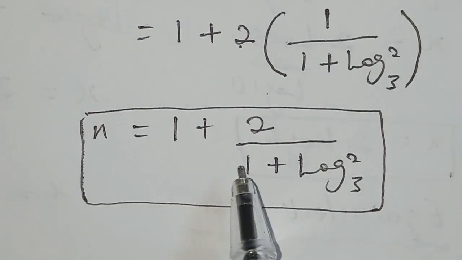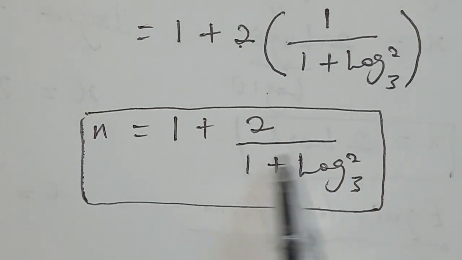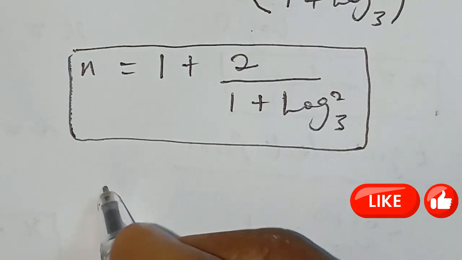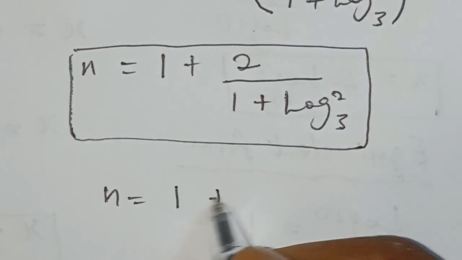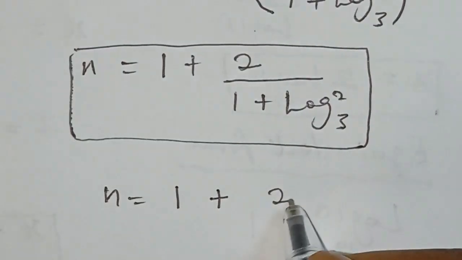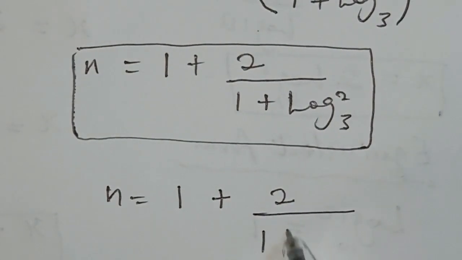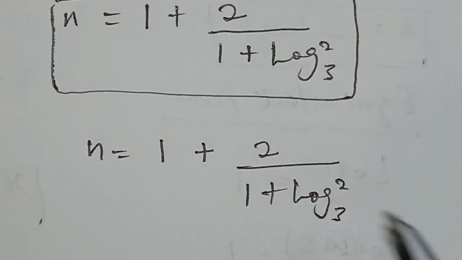Considering this variant type of n, we can rewrite it as n equal to 1 plus 2 over 1 plus log 2 base 3.